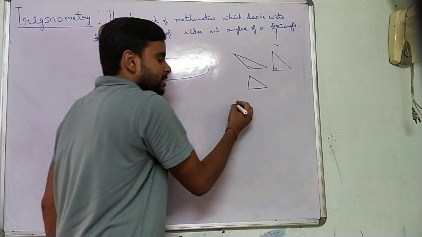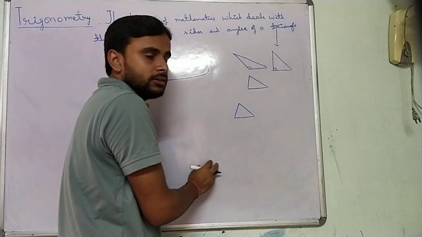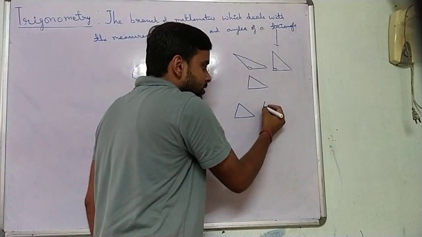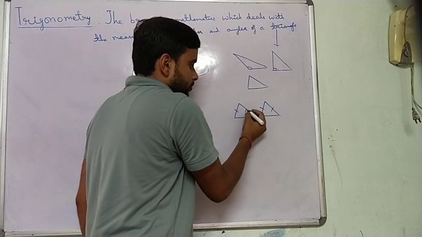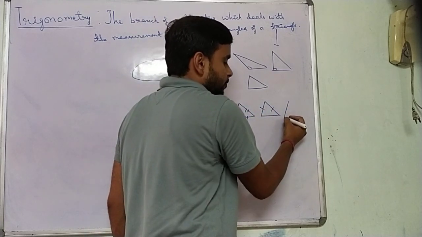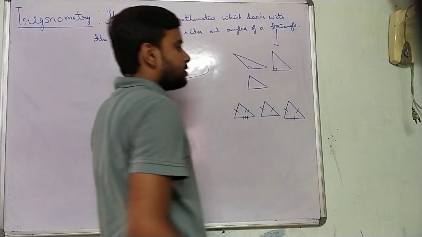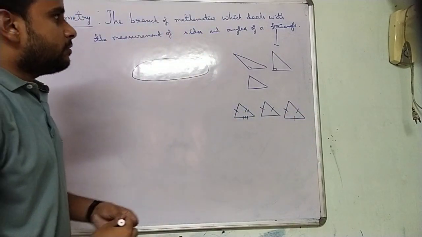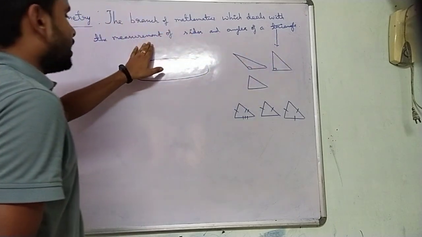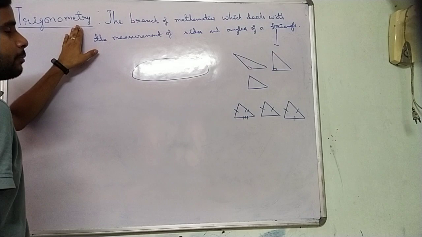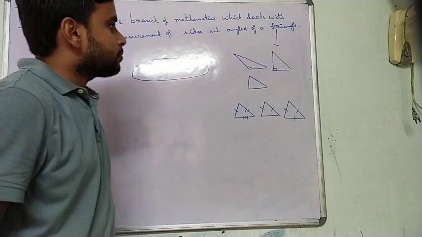On the basis of sides, we have a scalene triangle where all the sides are unequal, an isosceles triangle where two sides are equal, and an equilateral triangle where all the three sides are equal. So when we say sides and angles of a triangle, we are going to study this chapter, trigonometry, the measurement of sides and angles of a triangle.